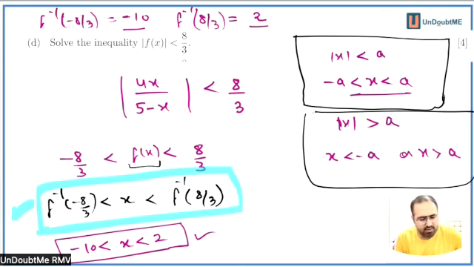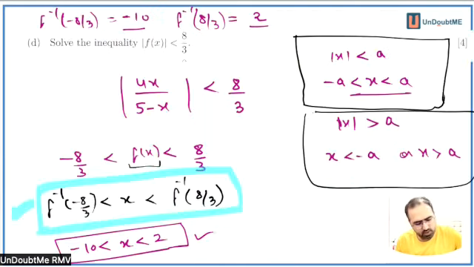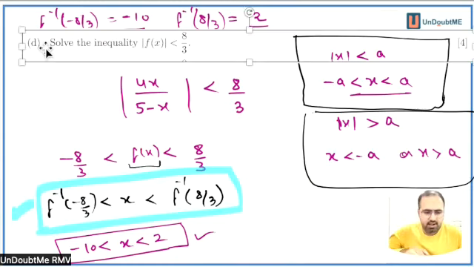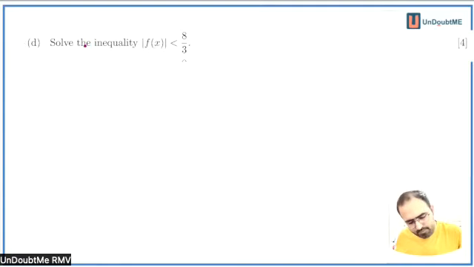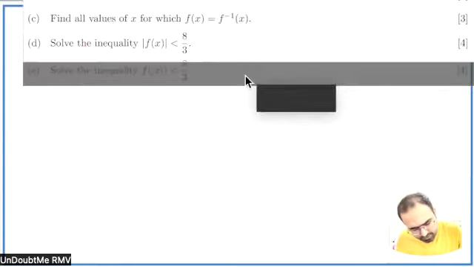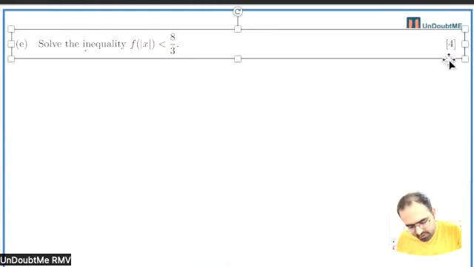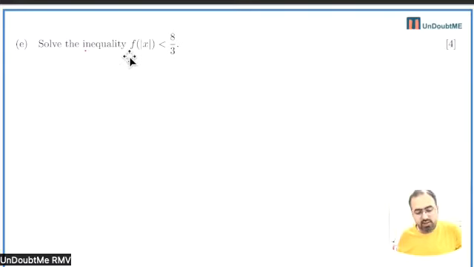Now, if this is clear, there was one more inequality. Let me quickly finish with that as well. Look at this question carefully. This is not the same as the previous one. This is f of mod x less than 8/3.